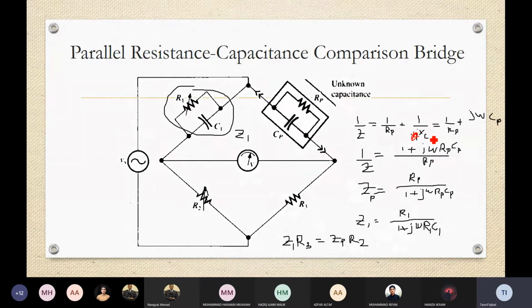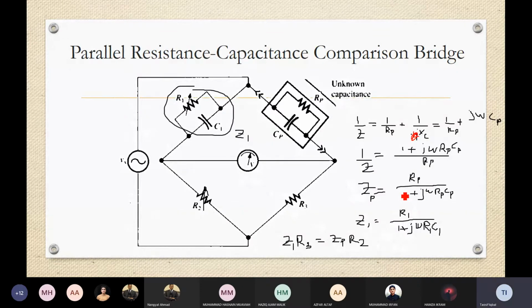So 1 by Xc, and for Xc we have j omega Cp in the numerator, without any denominator. On the other side we have 1 over Rp. So we take the LCM, and finally the parallel combination of capacitance and resistance gives us the equivalent impedance as Rp over 1 plus j omega Rp Cp.